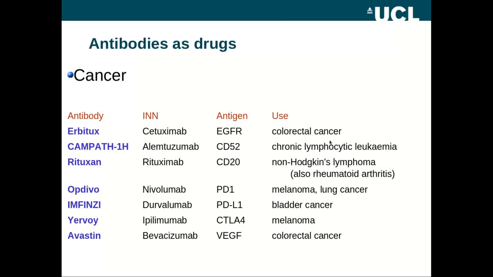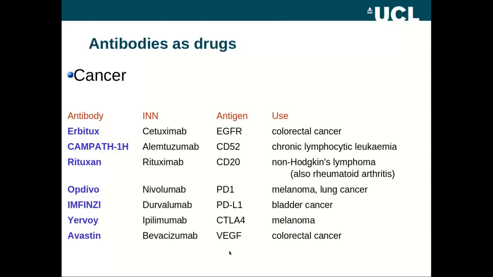Early antibodies really were only suitable for blood cancers because the antibody molecules are not so good at penetrating into solid tumours. But some of these, such as this last one here, Avastin, binds to VEGF, vascular endothelial growth factor, which is involved in vascularization of the tumours.